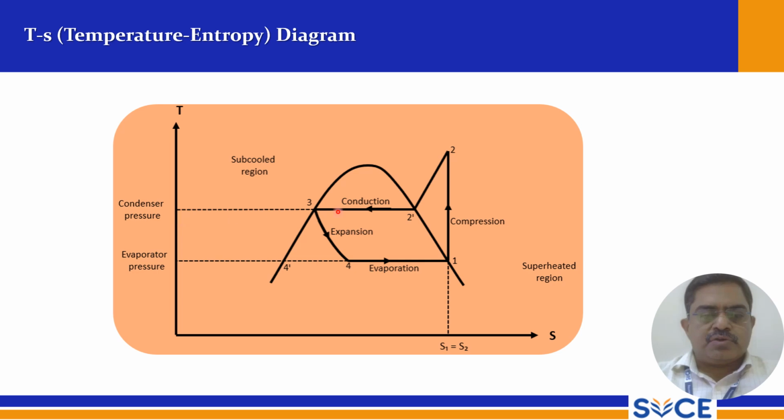During 2 dash to 3, it is constant pressure and constant temperature, and from 4 to 1 again it is a constant temperature. This is the superheated region, and this is the subcooled region. From the critical point, we can divide this again into regions. So this is again a simple temperature entropy diagram.